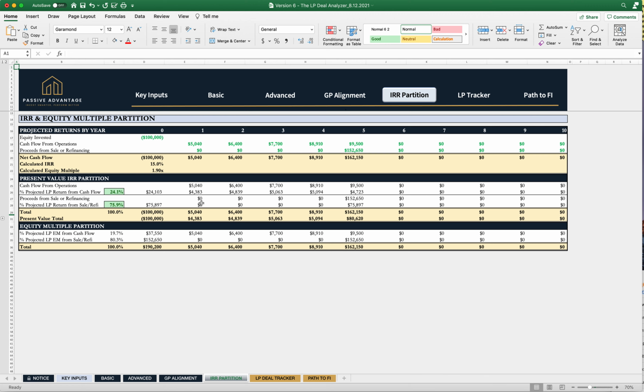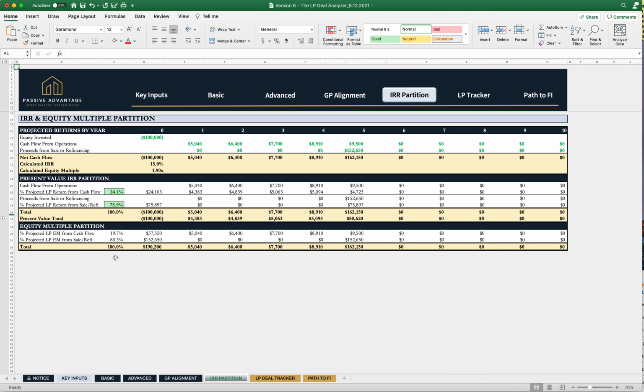The key takeaway from this tab are these two boxes that are highlighted, and these are also color-coded based on the target range that the IRR partition achieves. These are the most important numbers to pay attention to on the sheet.